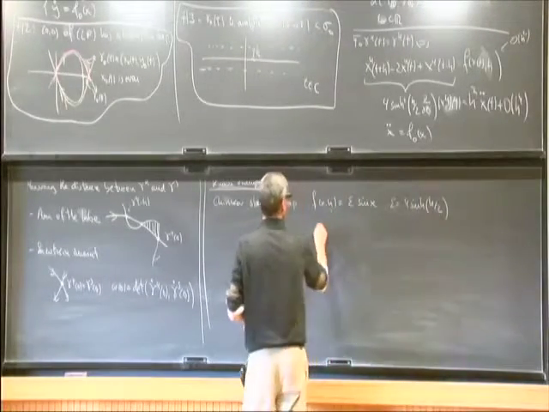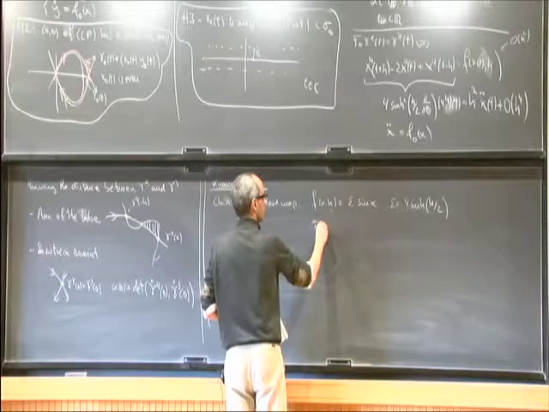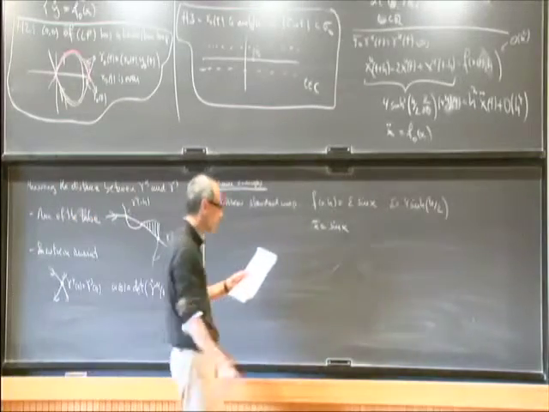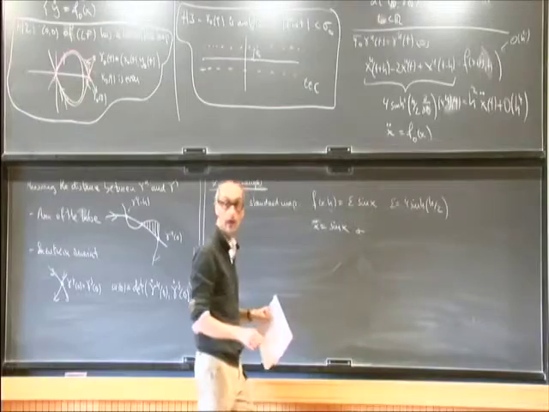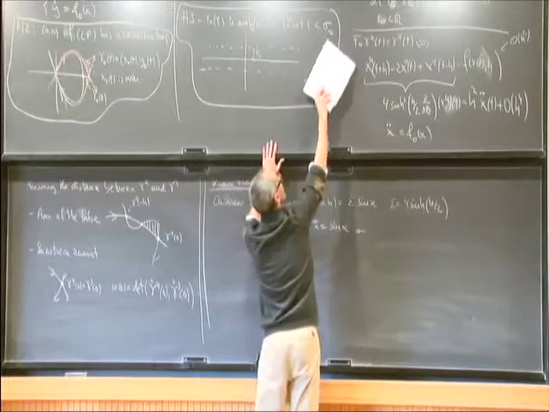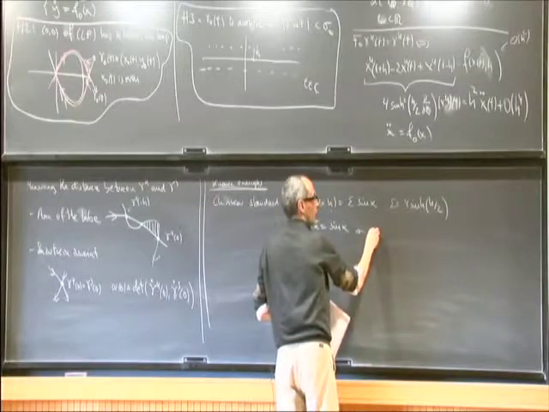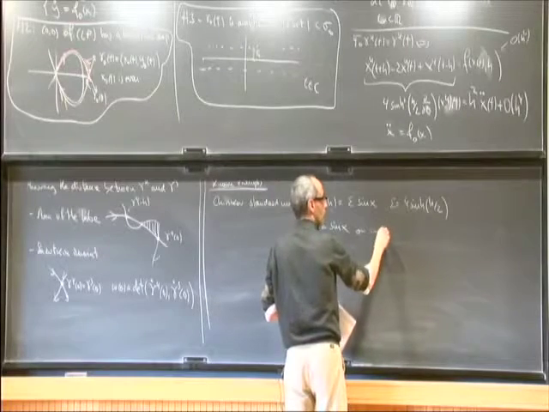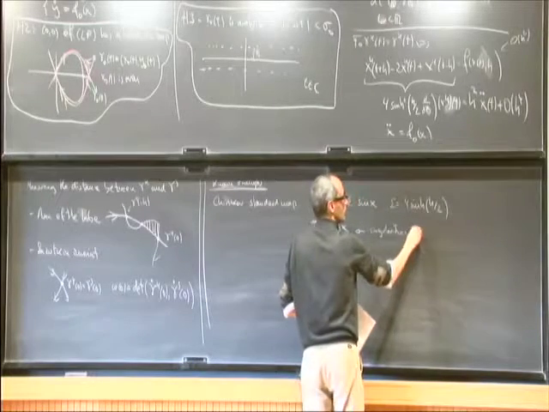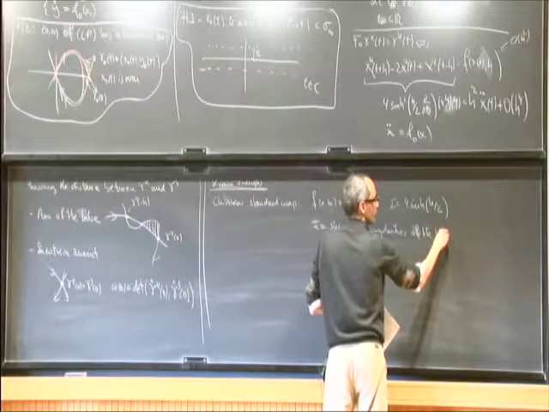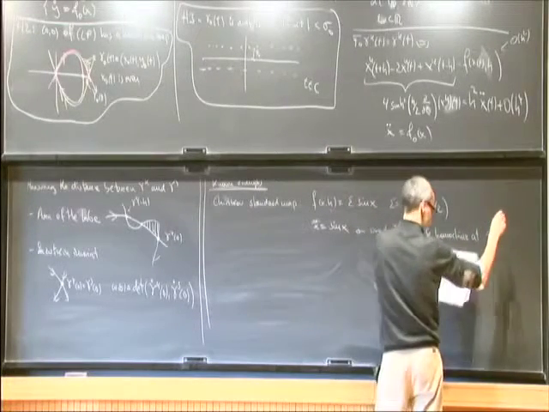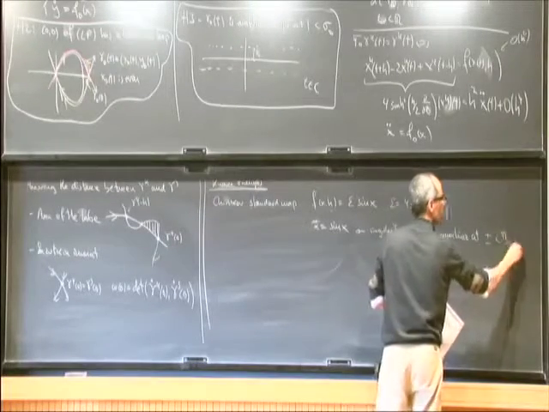In this case, the limit flow is just a pendulum, and the singularities of the pendulum, the closest to the real line singularities of the homoclinic, are located at i pi over 2.